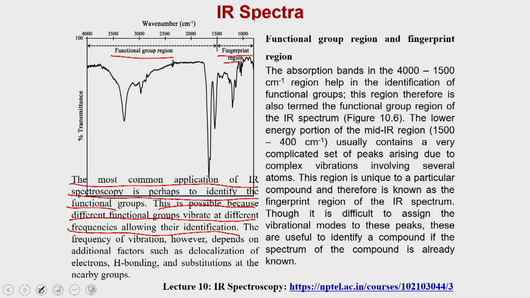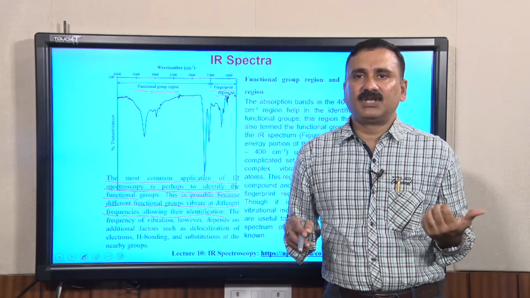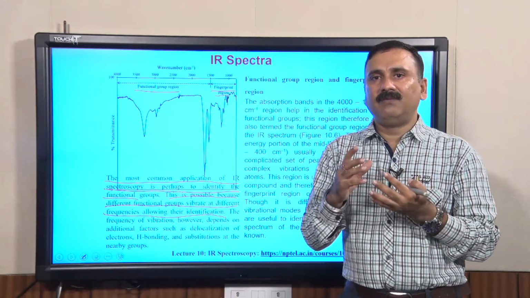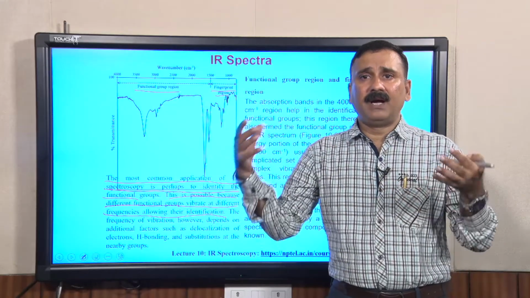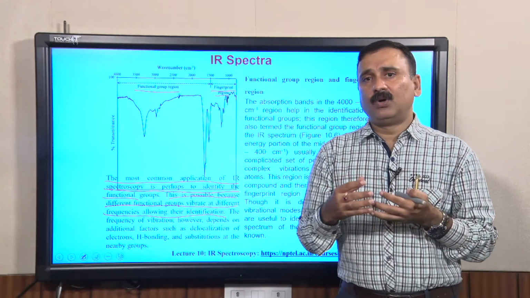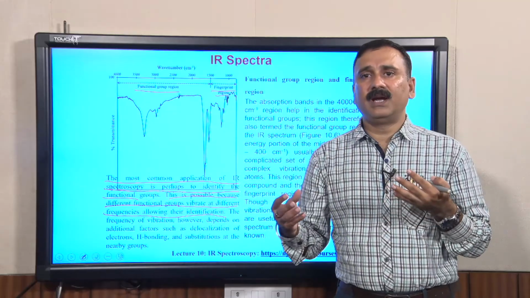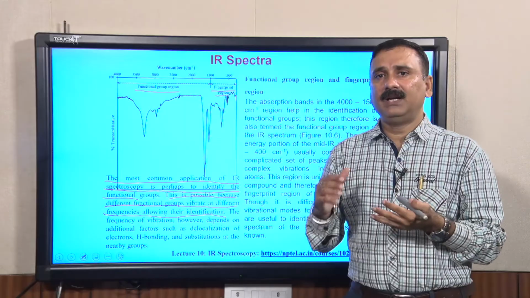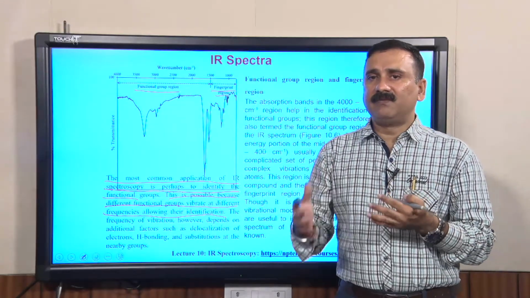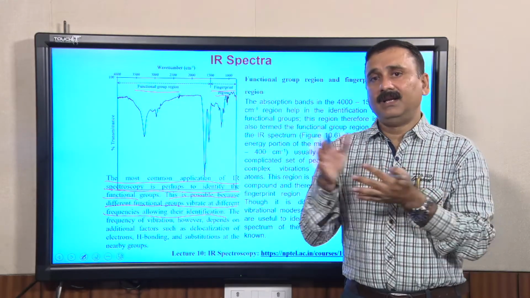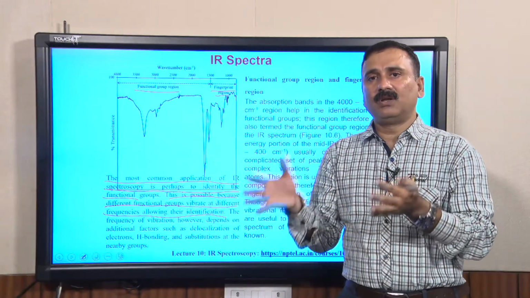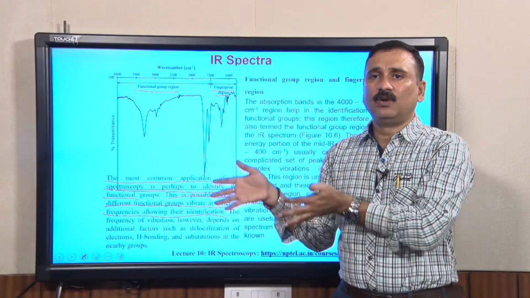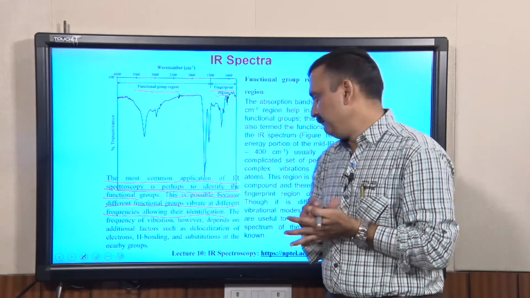As we discussed in our previous lecture, different functional groups have different types of atoms associated with them, and because of that they generate different amounts of dipole moment, and so they absorb differentially at different places in the IR absorption spectrum. That makes it possible to characterize the presence of those functional groups within the molecule.